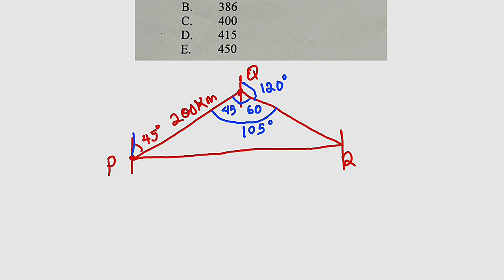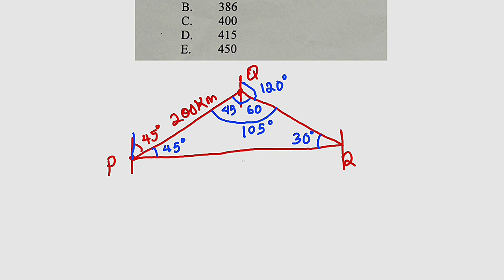And because from north to east is 90 degrees, it implies that this particular angle must be 45 degrees. Then we need this particular angle again. You should know that the sum of all three angles in a triangle is equal to 180. So to find this particular angle, you can take away this and this from 180. And if you do that, you are going to get 30 degrees.